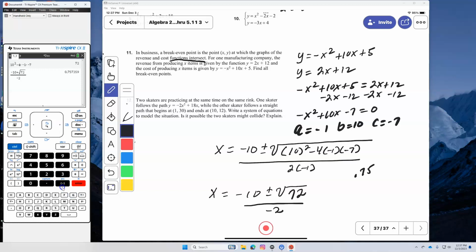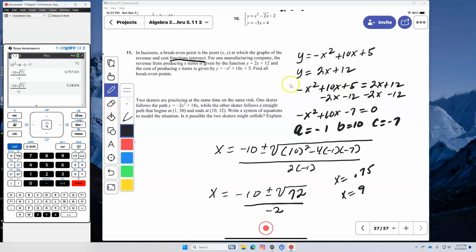That gives 0.75, and then the other one is negative 10 minus the square root of 72. Make sure you have parentheses, divided by negative 2, and it says 9. So x equals 0.75 or x equals 9.